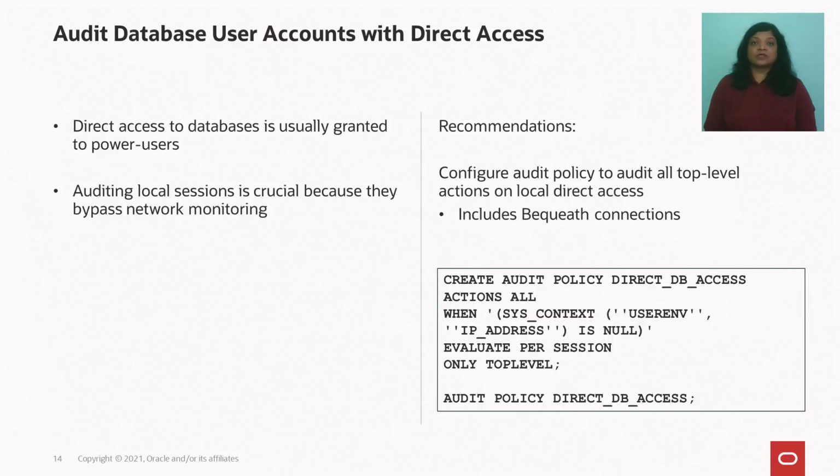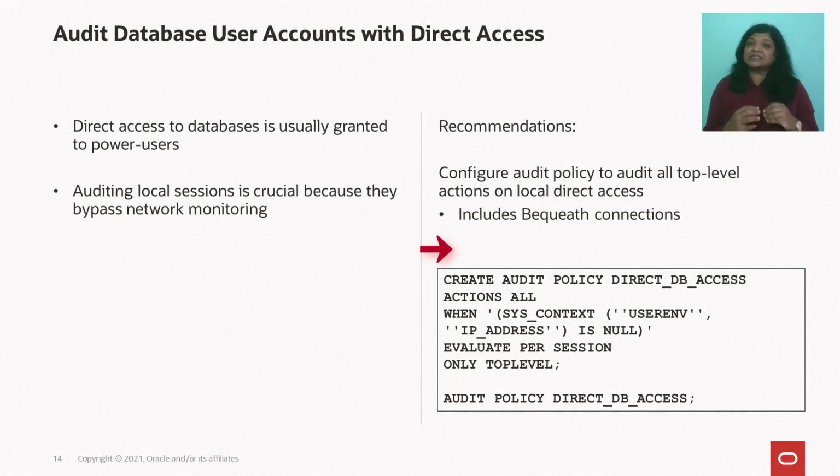For database user accounts with direct access, outside of database administrators, direct access to the database is usually granted to only power users like data analysts or application administrators. Auditing direct access is quite crucial because they bypass network monitoring. We recommend auditing of all top level operations on local direct access, and such a policy would look like the sample given here.